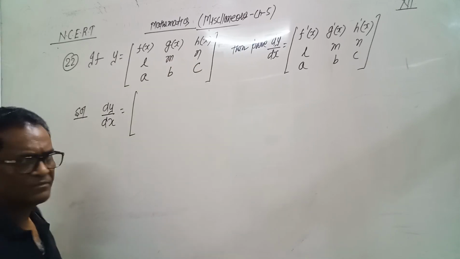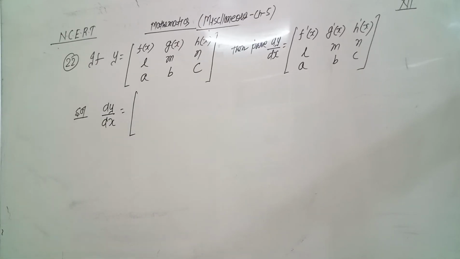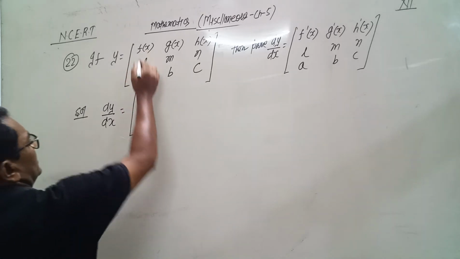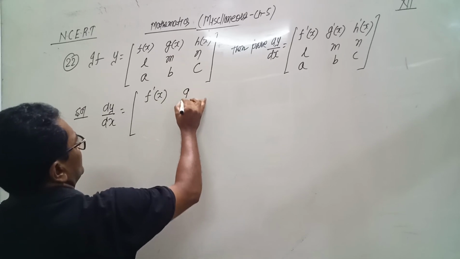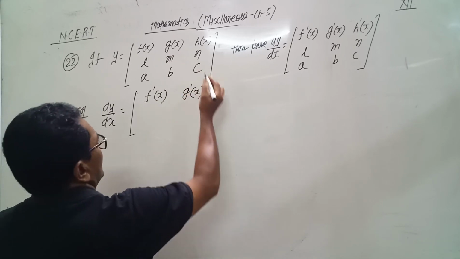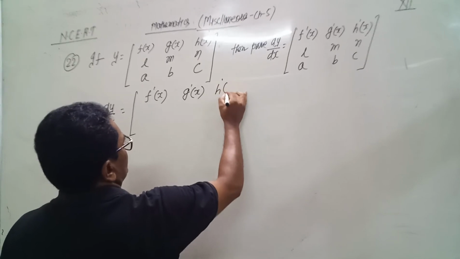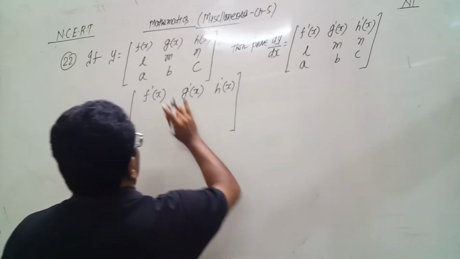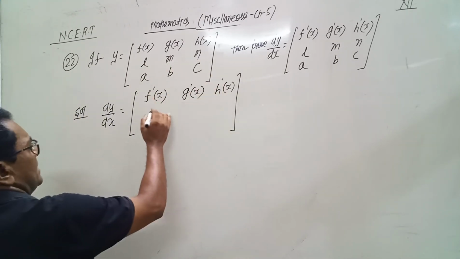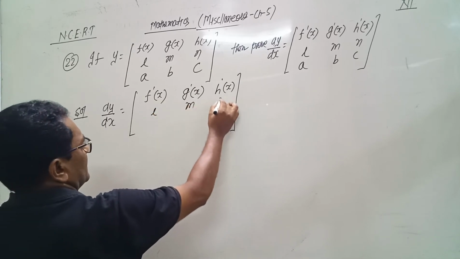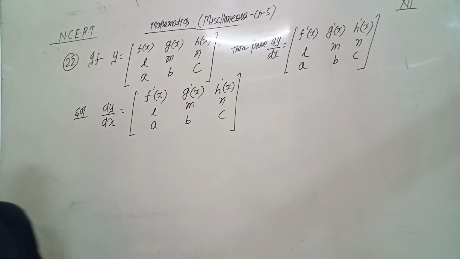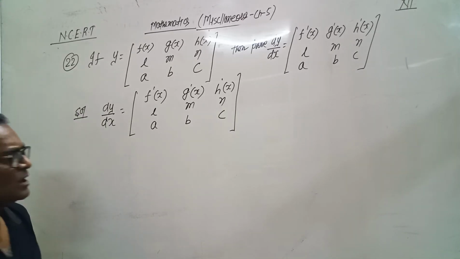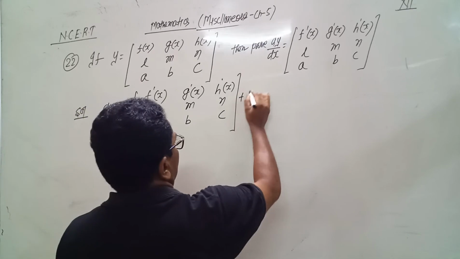Now we differentiate the first row. Differentiation of f(x) is f'(x), differentiation of g(x) is g'(x), and differentiation of h(x) is h'(x), and L, M, N as it is, A, B, C as it is. In the first step, we differentiate the first row, and the second and third rows are written as it is.